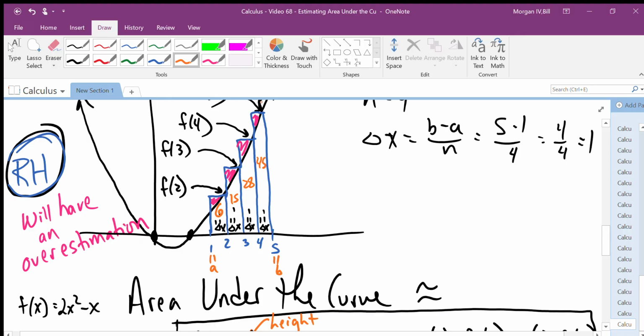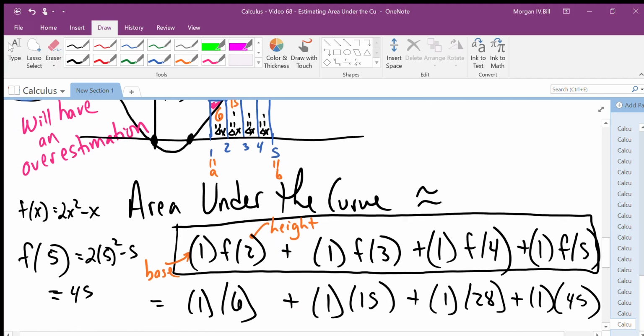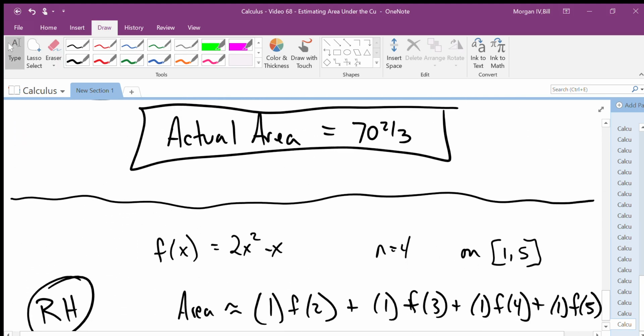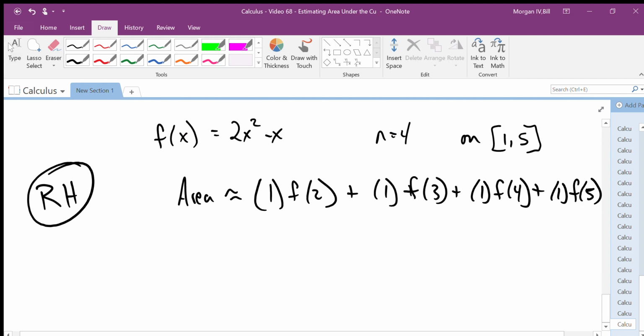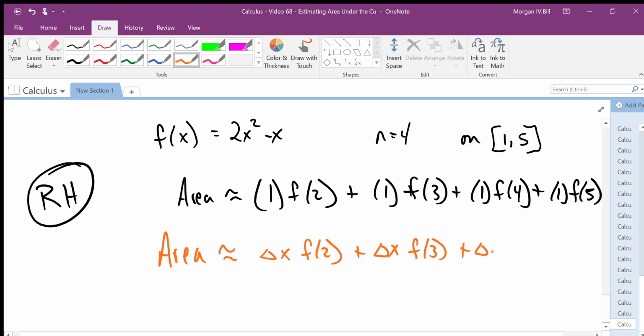And the height at f of 5 is 1 plus 4 delta x's. We could use that idea to rewrite the area under the curve. Instead of like this, we can say that area is approximately equal to the base, delta x, times the height at 2, plus the base, delta x, times the height at 3, plus the base, delta x, times the height at 4, plus the base, delta x, times the height at 5.